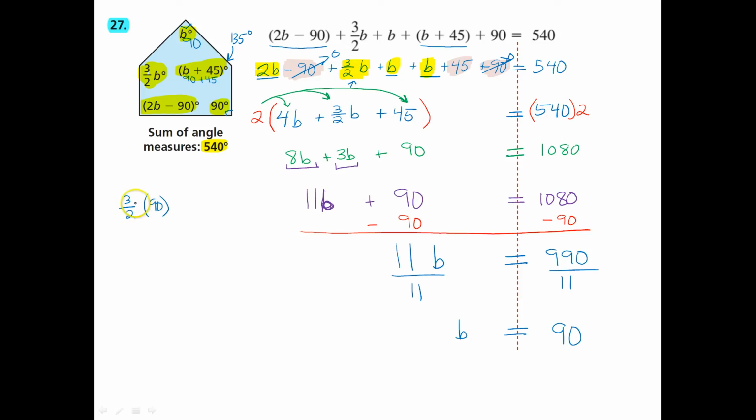So let's see, 3 times 90 is 270. 2 times 1 is 2. And 270 divided by 2 is 135. So this guy is 135 degrees also. Now we just need to make sure that those numbers are reasonable.